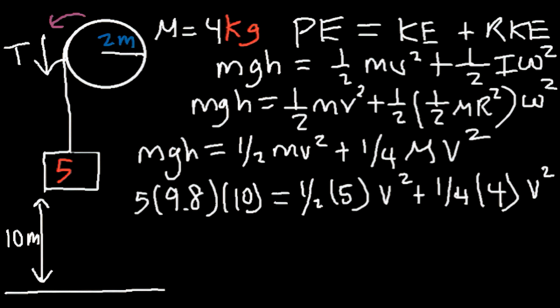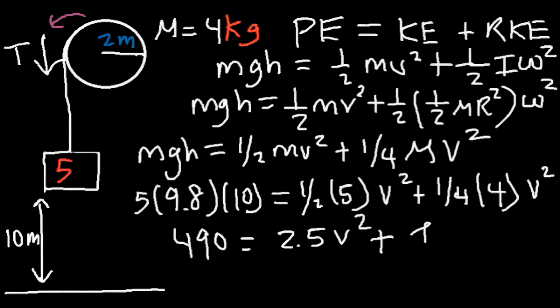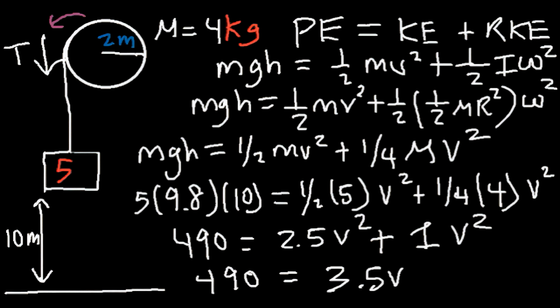So we know that 5 times 9.8 is 49, times 10, that's 490. Half of 5 is 2.5, and 1/4 times 4 is simply 1. So 1 v squared plus 2.5 v squared is 3.5 v squared.